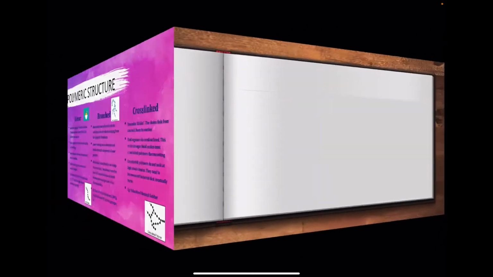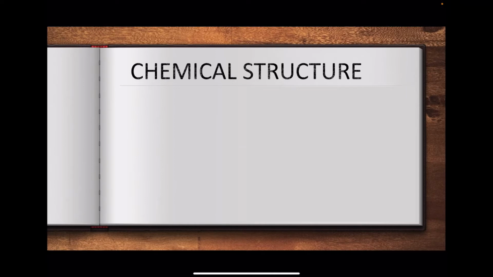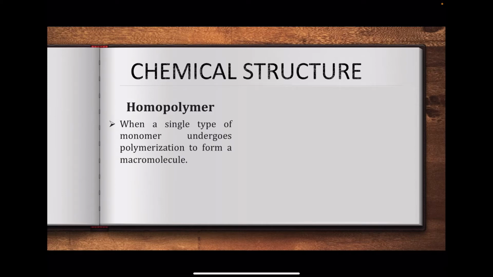Next, we move to the classification of copolymer based on the chemical structure. This classification of polymer can be divided into two types. The first one is the homopolymer. This polymer is produced when a single type of monomer undergoes polymerization to form macromolecules.